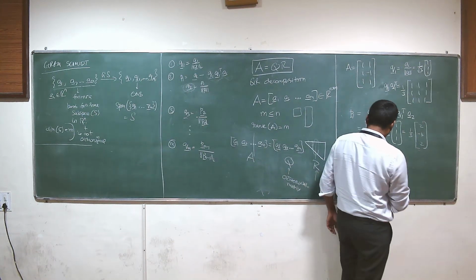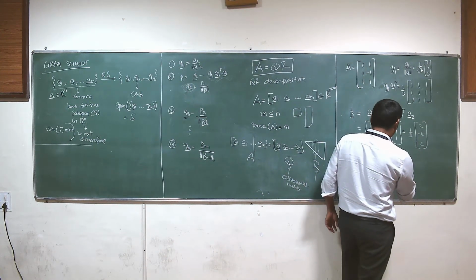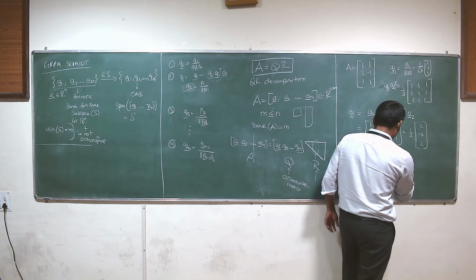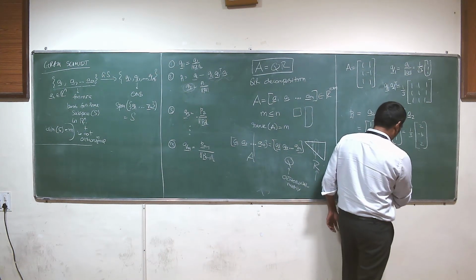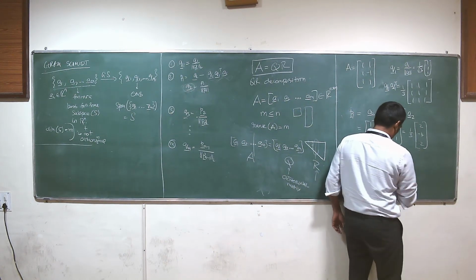But anyway, for now, we'll keep it like that. So, it will be 1 by 3, 2 minus 4, 2, divided by 1 by 3 root of 24. So, these two are out.